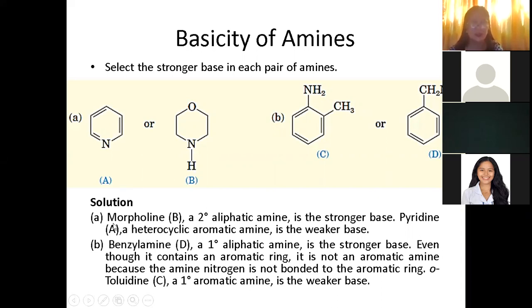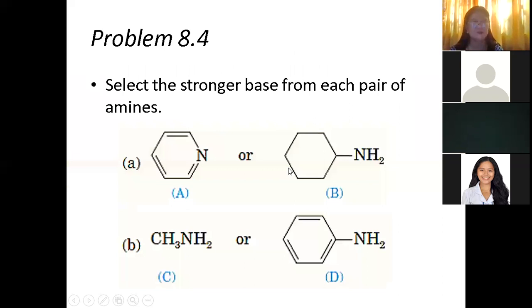The pyrimidine will be a weaker base. For B, the benzylamine will be a strong base. For D, it is disubstituted. This one will be a weaker base because of the presence of the oxygen. So that is an assignment.